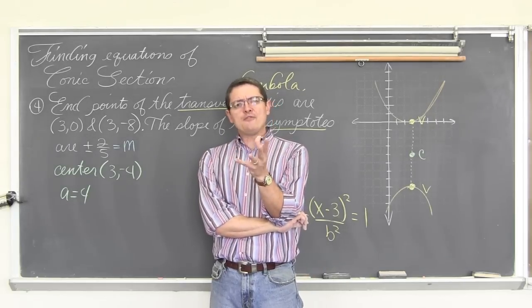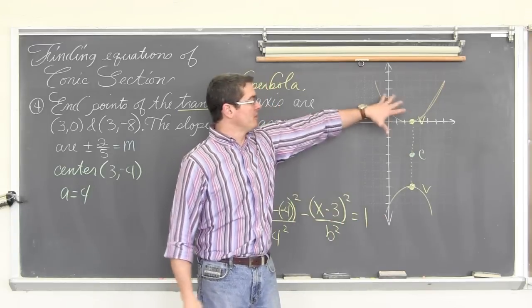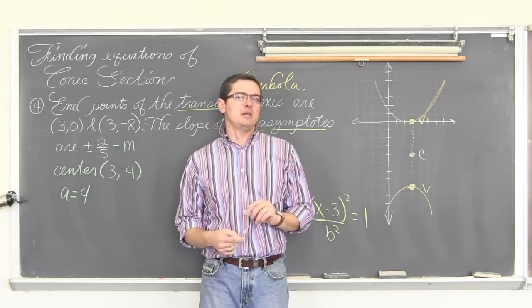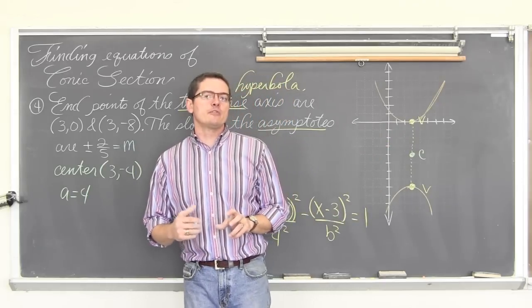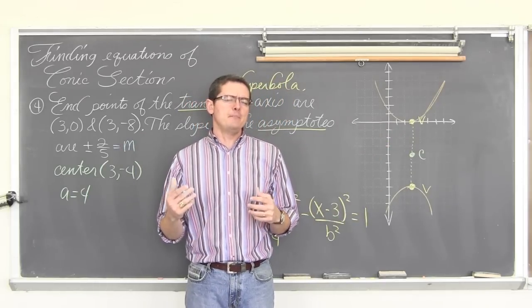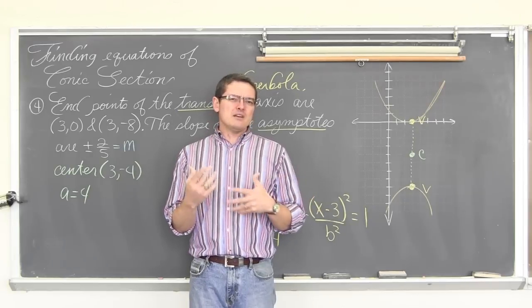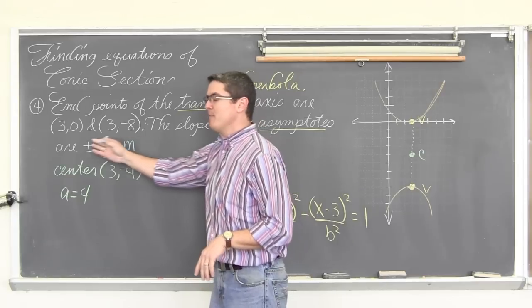Now when I was graphing hyperbolas, I kept stressing how if your hyperbolas are vertical, the slopes of the asymptotes are plus or minus a over b. And if your hyperbola opens sideways, the slope of your asymptotes are plus or minus b over a. But with the graphing, it never really seemed important to know that. Well, now we're trying to come up with the equation.